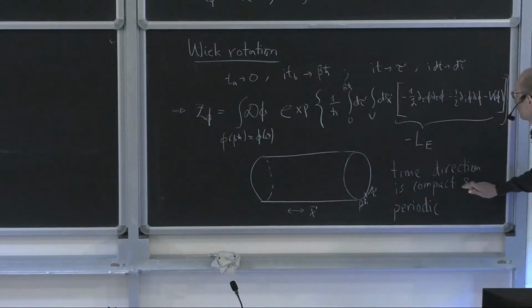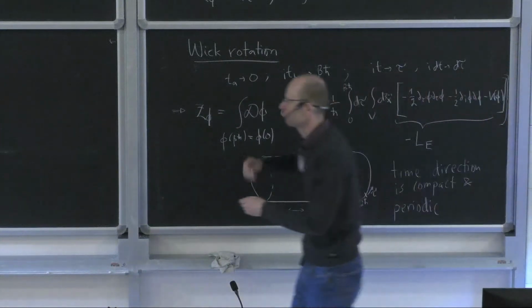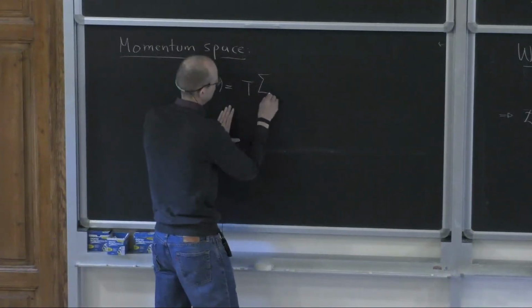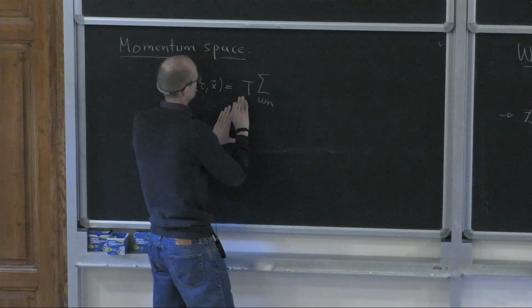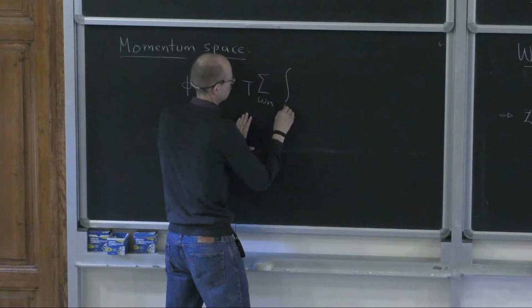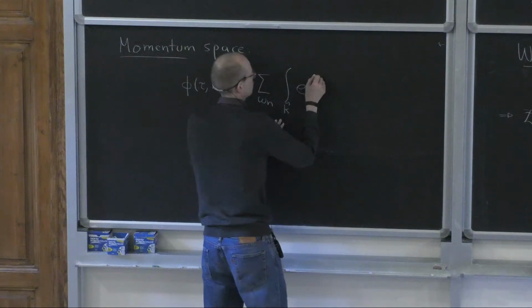Okay, so this means that when we have a periodic compact time direction circle, then the Fourier analysis goes with a discrete set of Fourier modes. These are the modes we already saw yesterday. These are the Matsubara modes. And then in space we do as usual.